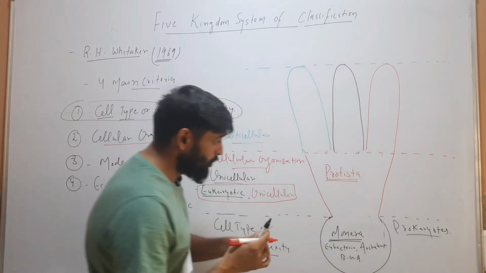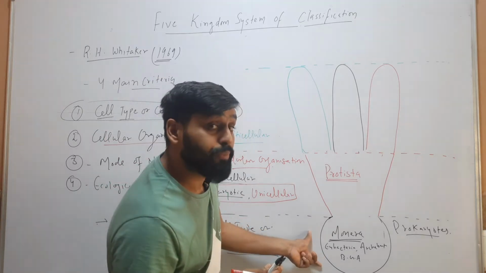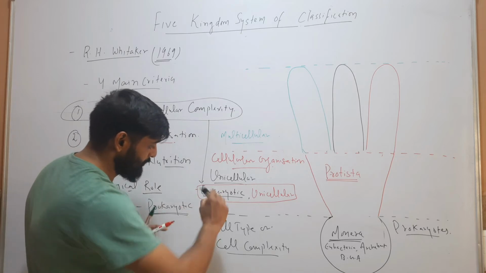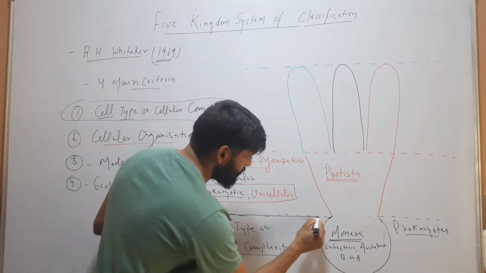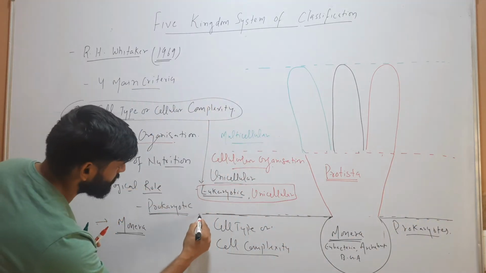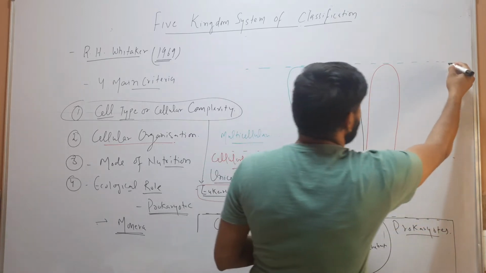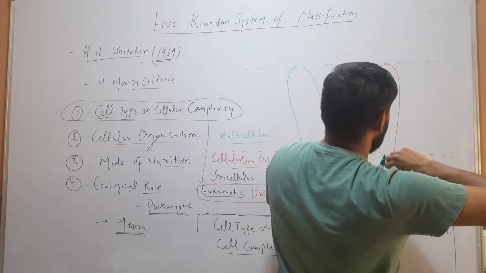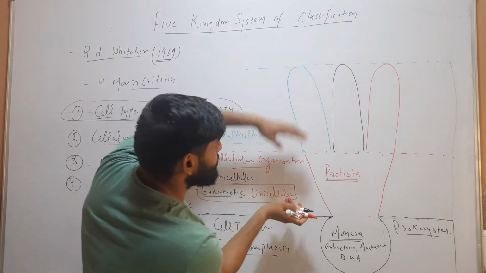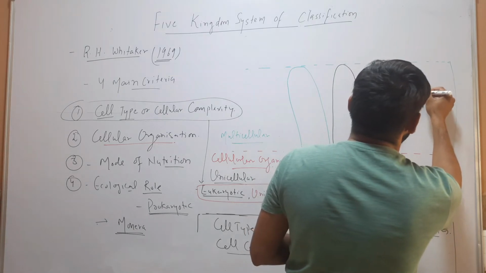So look, these monera are also single-celled organisms, but they are prokaryotic. So here above this line, we have all the organisms that are eukaryotic. So here you can write like this. Here you have prokaryotes, and here all the organisms that are in that area are eukaryotes.